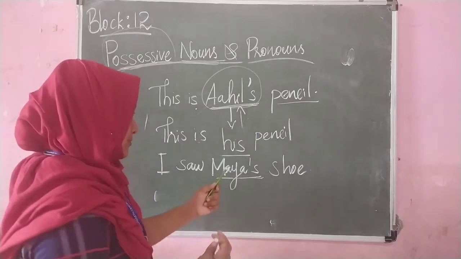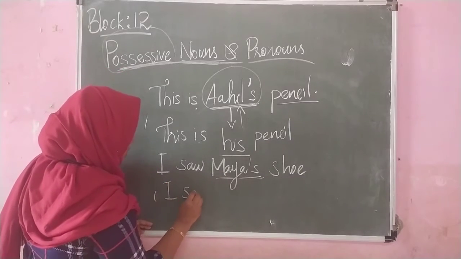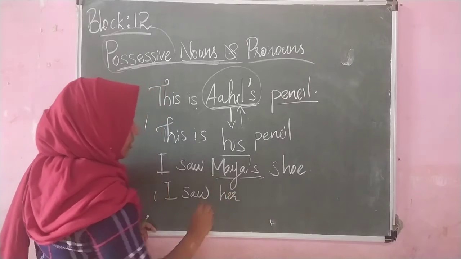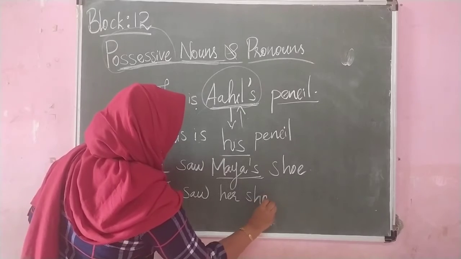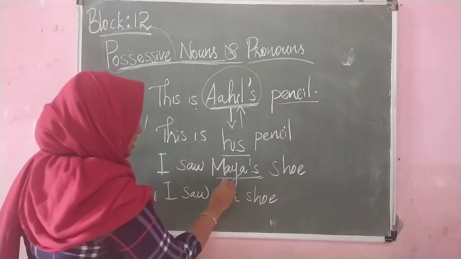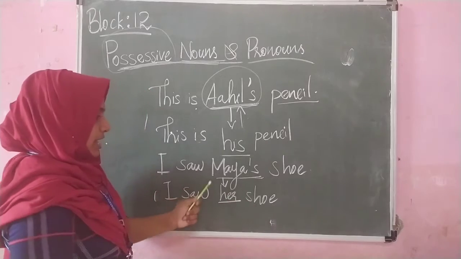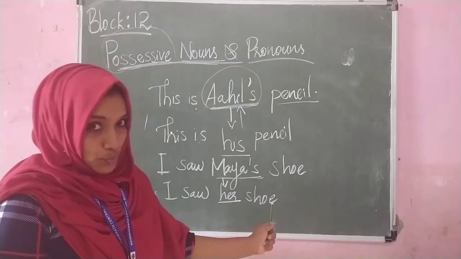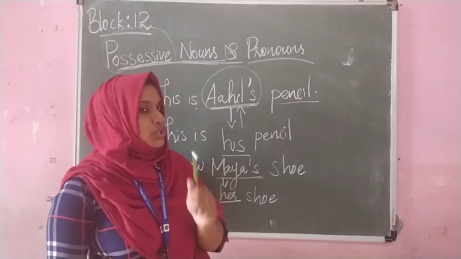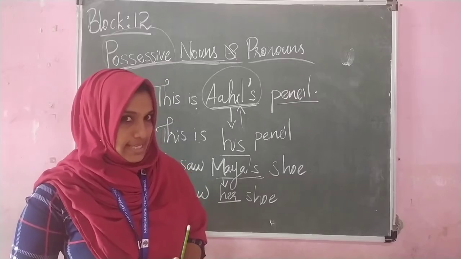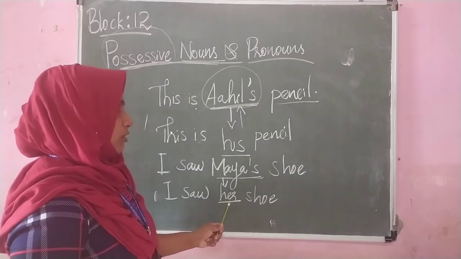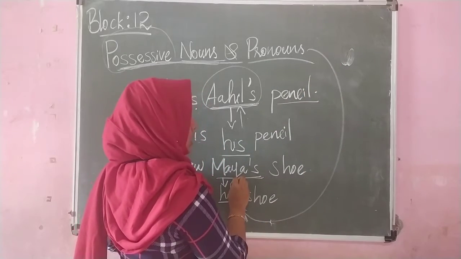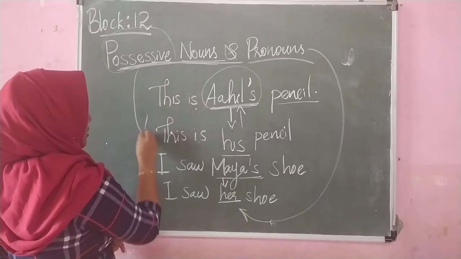We can say, I saw her shoe. That means we have replaced Maya with the pronoun her. I saw only Maya's shoe, not anybody else's. So this her is a possessive pronoun and this Maya's is a possessive noun.